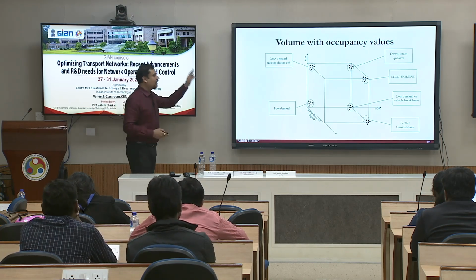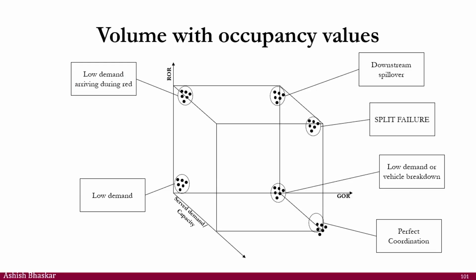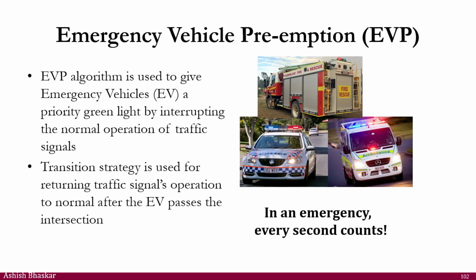Now, that was, I would say, ways to present the information. I would now like to quickly present another interesting thing that we did a long time ago, which was focusing on emergency vehicle preemption. We did not develop that algorithm, but we wanted to see how we can present that information: if there is some emergency vehicle preemption happening, how does the signal react to it, how does the signal behave, and how can we present that information.